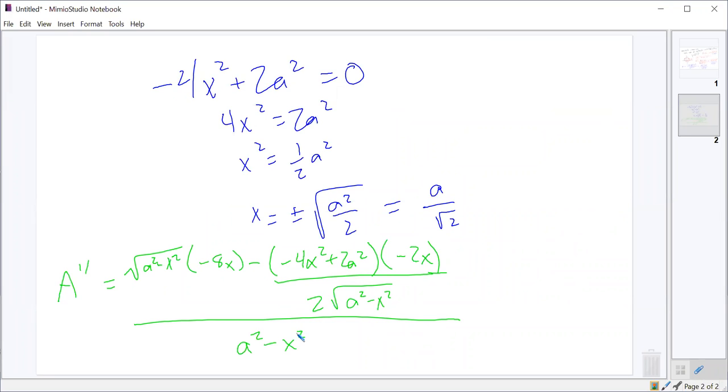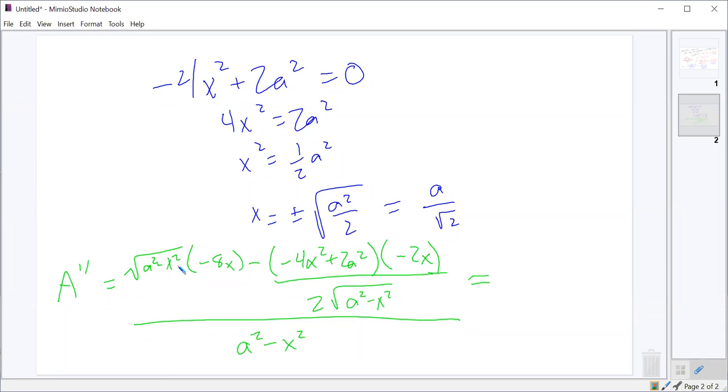Then we got to plug in our a over root 2 value into this, which is not super pleasant, but we're going to plug that in for our x values. So we end up with what? A squared minus a squared over 2 inside of our first square root.